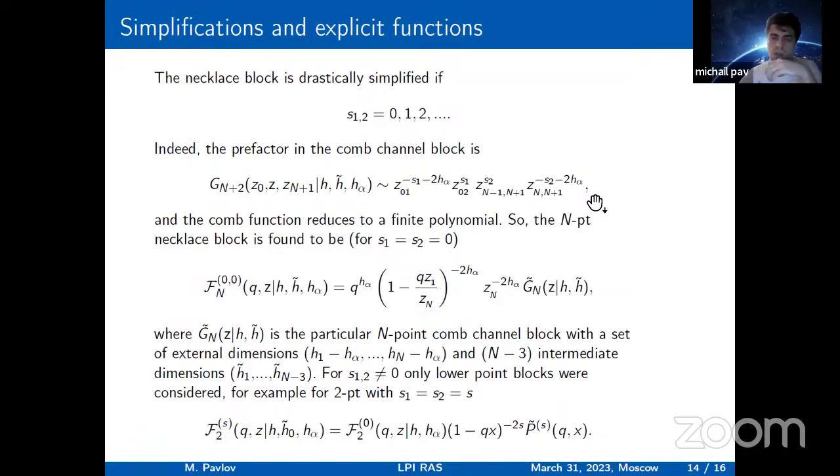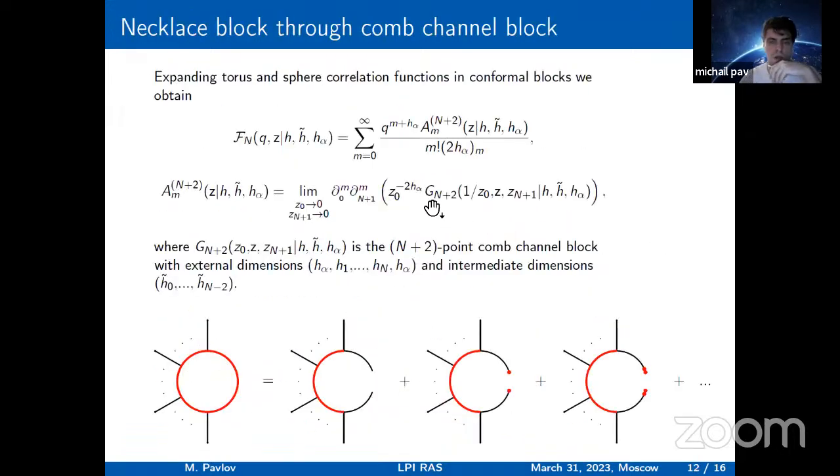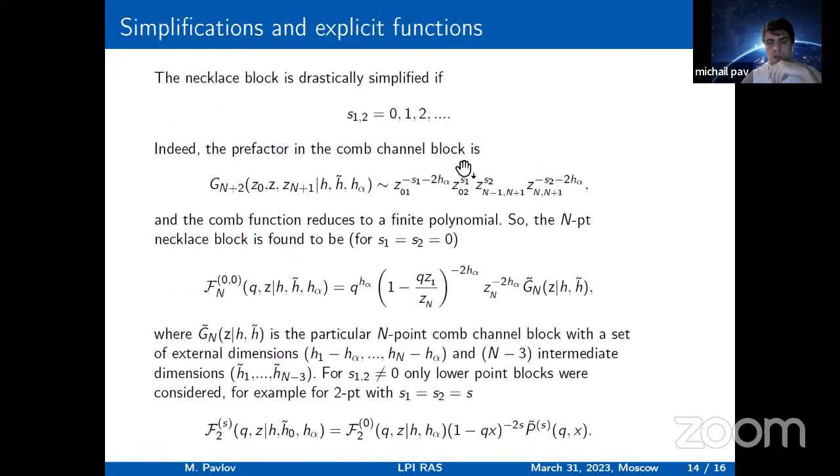So we will discuss only the case when s1 equals s2 equals 0. And having this function, which is polynomial, we can easily do our operations. So we have to do this inversion, then take an infinite number of derivatives and then sum it up. And yeah, it could be done because it's just a polynomial function.